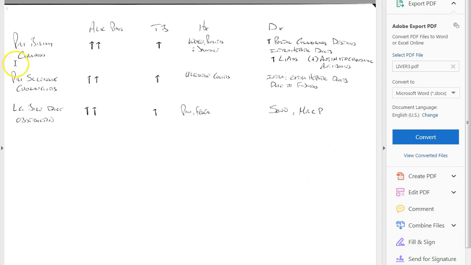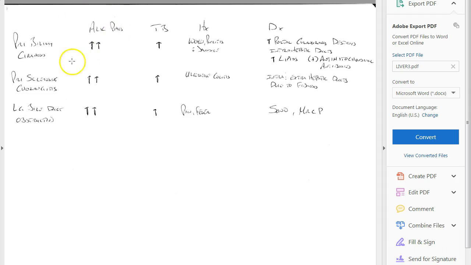So, primary biliary cirrhosis. So we're dealing with cirrhosis, we're dealing with what? We're dealing with liver failure, right? Usually chronic in nature. Patient has ascites, they have a positive fluid wave.